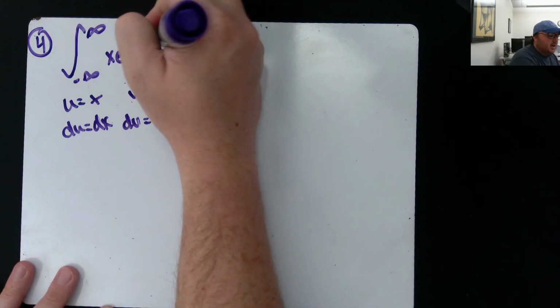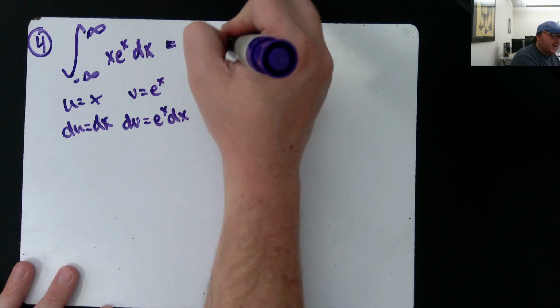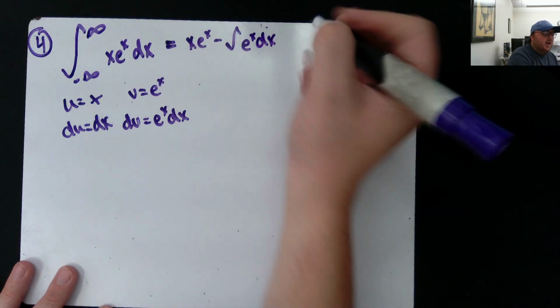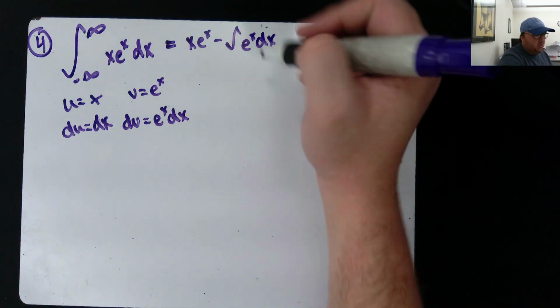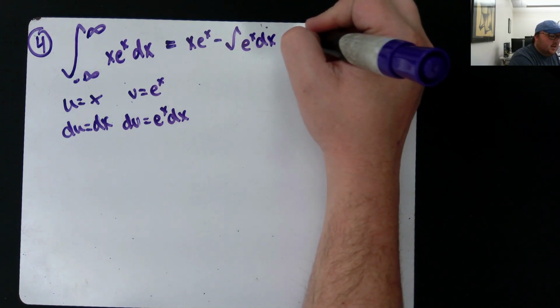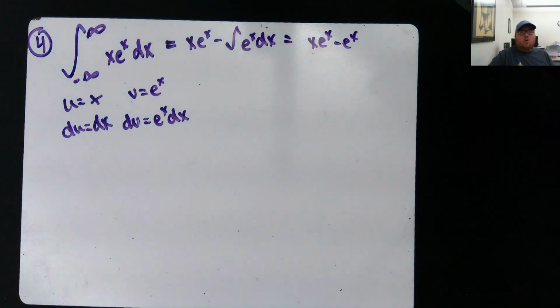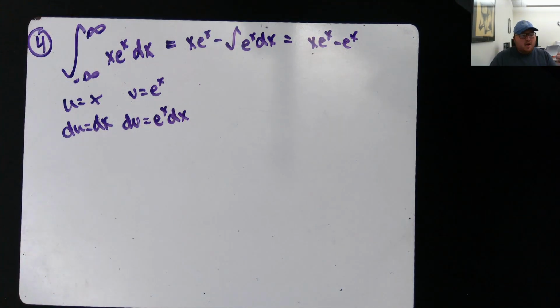So this is going to become u times v minus the integral of v du, and the integral of e to the x is just e to the x. So this is going to be x e to the x minus e to the x. I would normally do plus c, but since I have the bounds, I'm not going to.